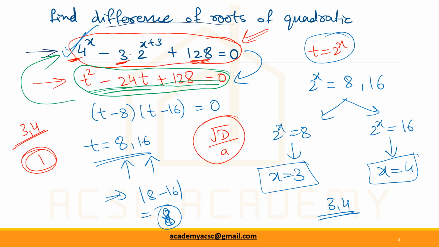But for the original one, the roots are simply 3 and 4, with the difference being 1. And that is what we wanted. So this is the reason why for such questions we approach it by finding the actual roots and then taking their difference. Okay, now let us have a look at another problem so that things become even more clear.